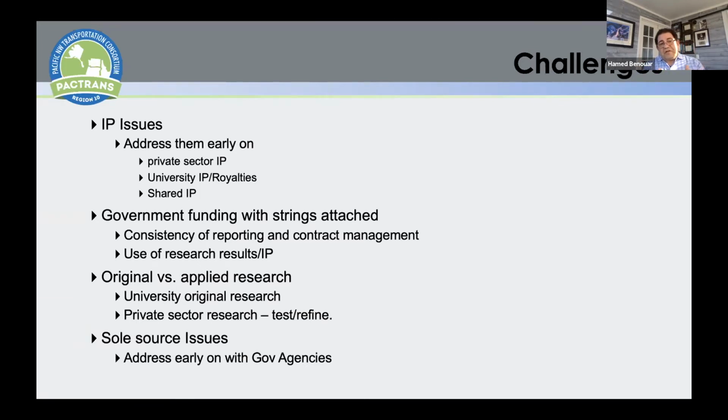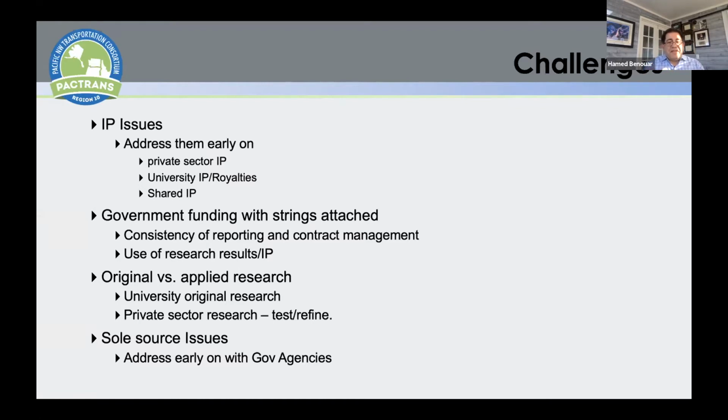I was talking earlier about government funding coming with strings attached. What I mean by that is an ecosystem that can provide some consistency in the reporting and contract management is really helpful, because I see a whole gamut of consistency or inconsistency, where the reporting becomes a burden for the research team rather than focusing on the research.